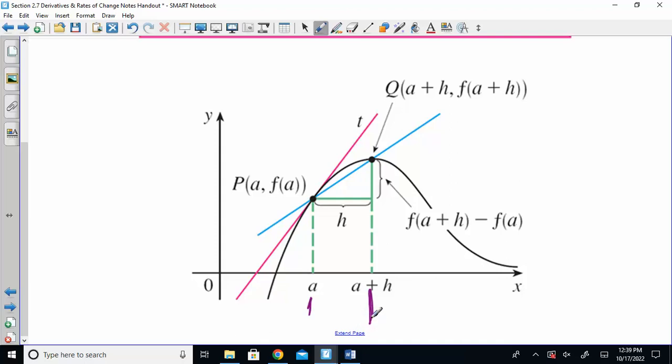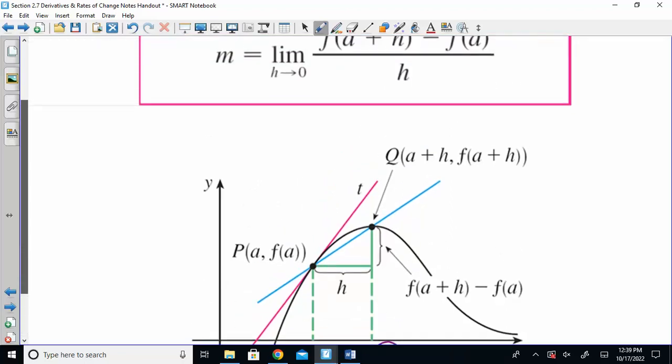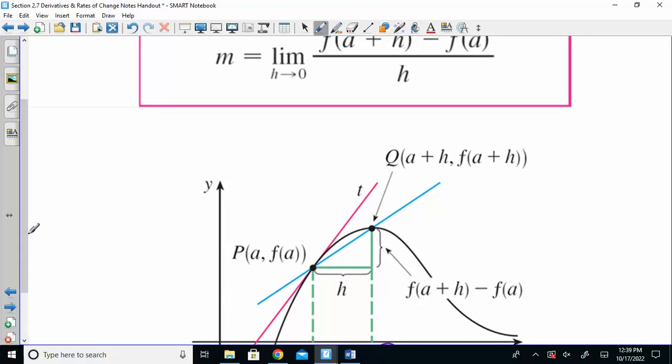So if my x is getting closer to this point a, what has to be true about your h value? The h is how far apart they are. And if I want it to get closer to this, my h has to get smaller. So that's why it says h is going to 0. So if my h, the distance between those points, is getting smaller, then my point is really just getting close to a. Does everybody agree with that?